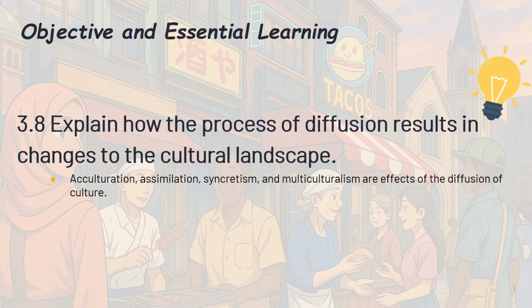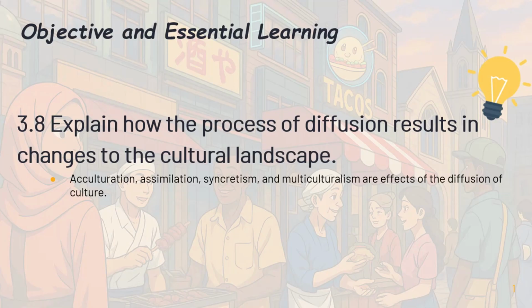How languages evolve, how traditions remix, and how cultures blend or battle it out on the global stage. You'll be flexing your brain power around four major effects: acculturation, assimilation, syncretism, and multiculturalism. Think of them like the core four in a Netflix drama, each with their own origin story and plot twist.